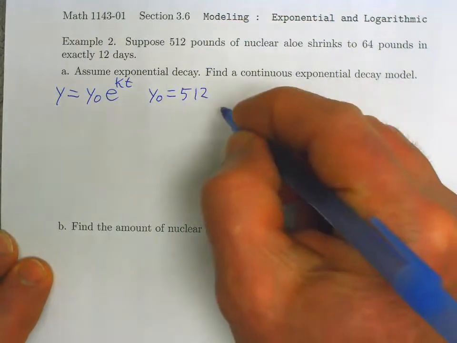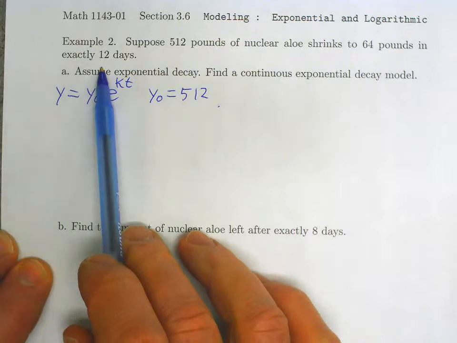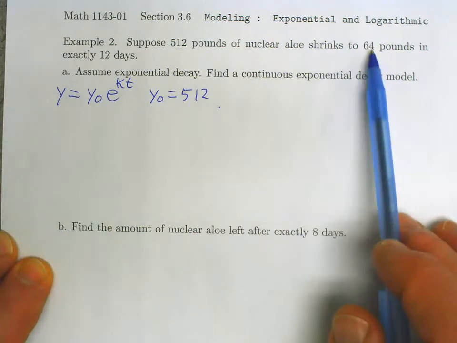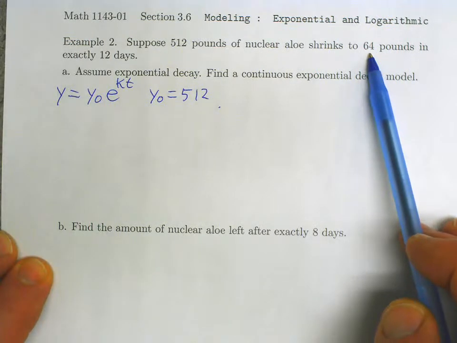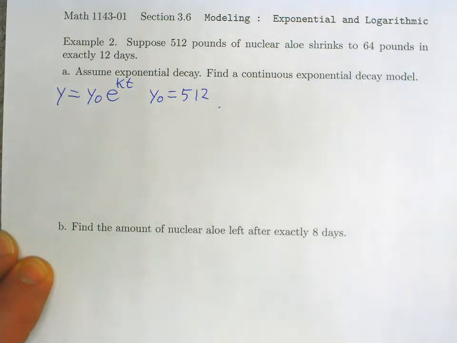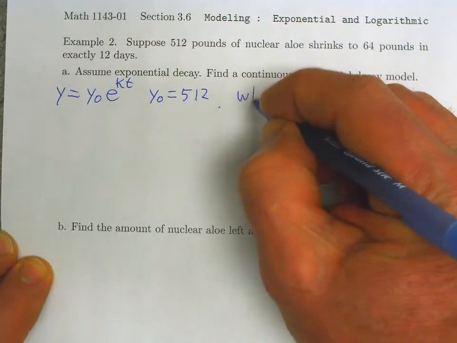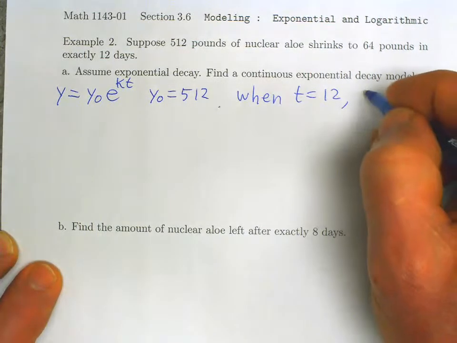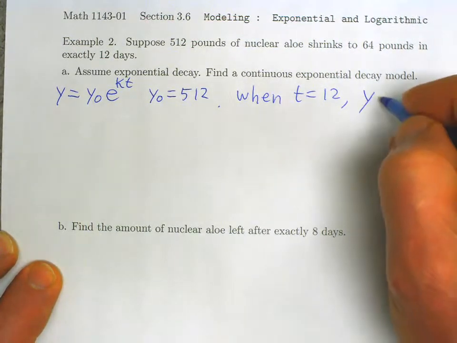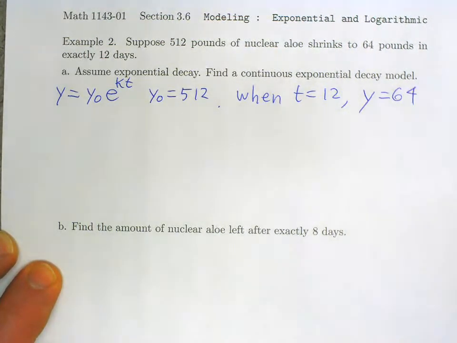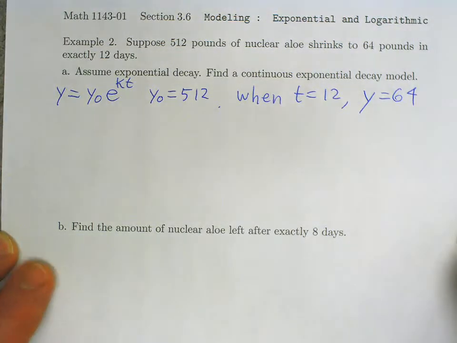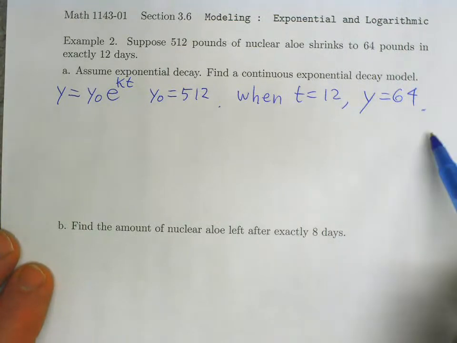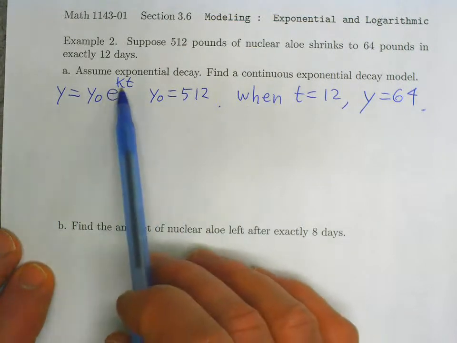And we're told that when t equals 12 days, the quantity will have shrunk to 64 pounds. So when t equals 12, the amount left will be just 64 pounds. We'll use this information to solve for the decay constant.